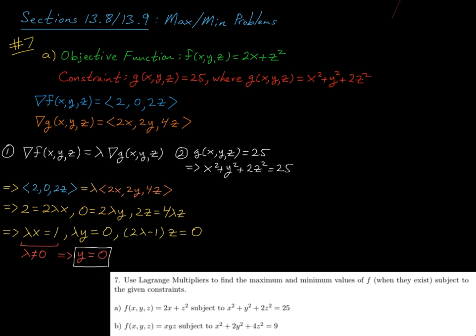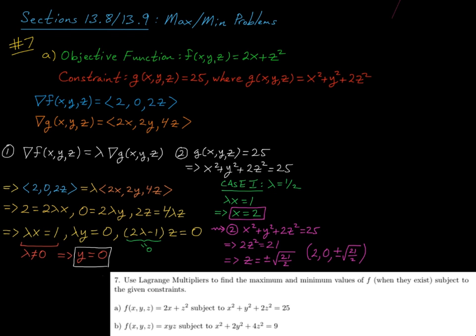All right, that's nice. Next we can look at this third equation and consider the case where this first factor, 2 lambda minus 1, is 0. I'll call this case 1. So here, lambda is a half. Now, if I go back to the first equation, lambda x is equal to 1, that implies that x has to be 2. Now, go to the constraint equation. I know x is 2, I know y is 0, so that allows me to solve for z.